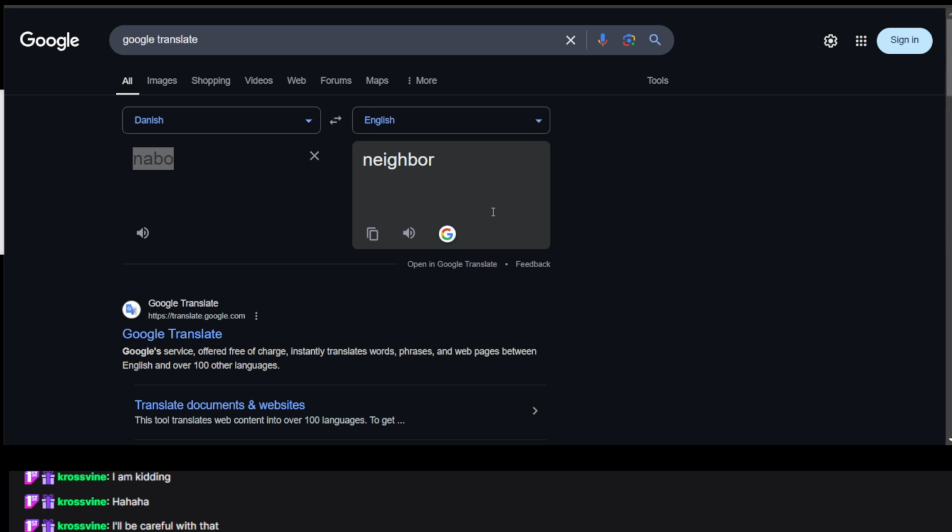True, because he said that. Yeah, Hans says Kirsten er min nabo. Fru Sørensen bor i Esbjerg. Fru Sørensen lives in Esbjerg. No, she lives in Herning.